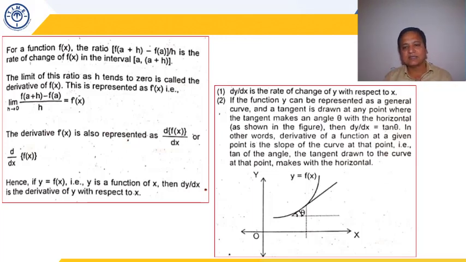So dy/dx gives the slope of the tangent, the angle which the tangent makes in the anti-clockwise direction with the x-axis. So dy/dx is the slope, tan theta also.